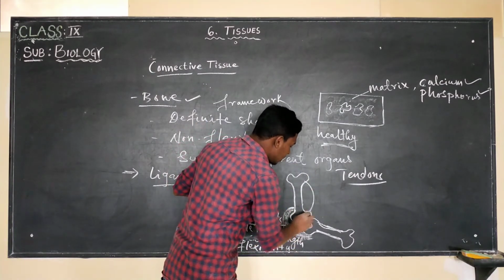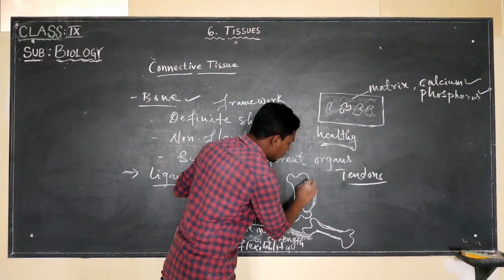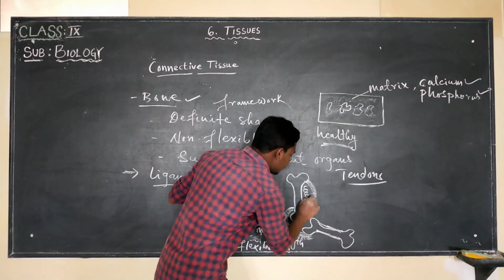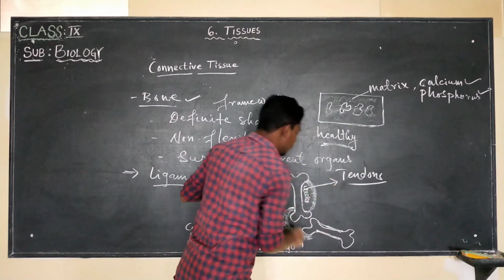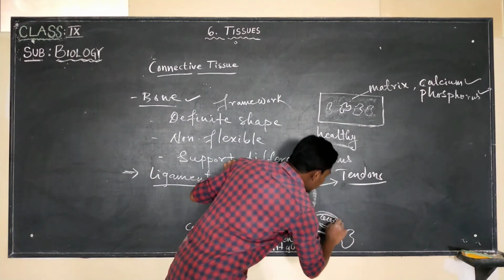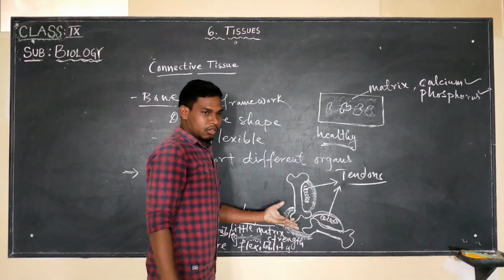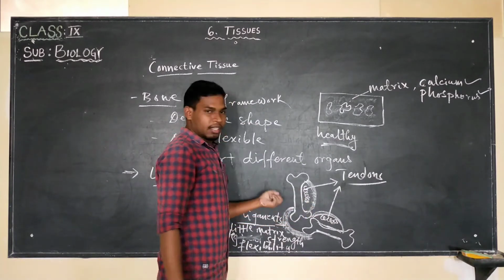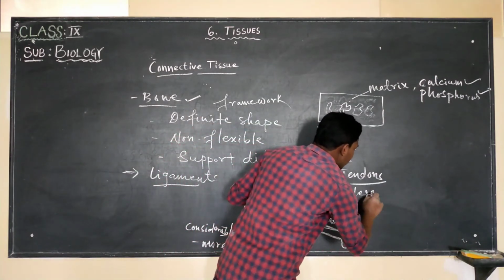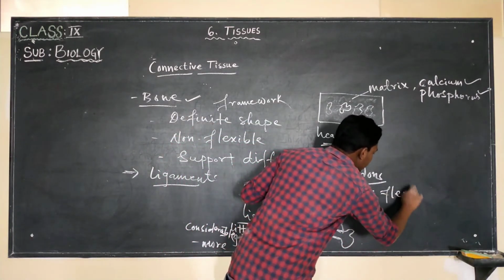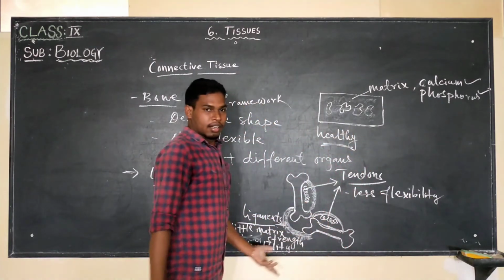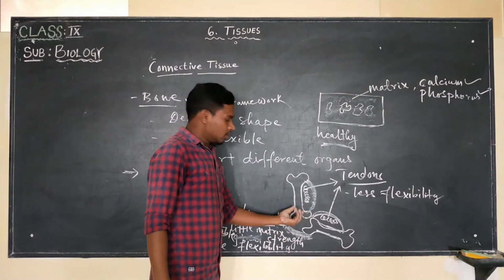They help in connecting muscles to bone. So this is, for example, a tendon. These tendons have less flexibility, and their function is to join muscles to bone.